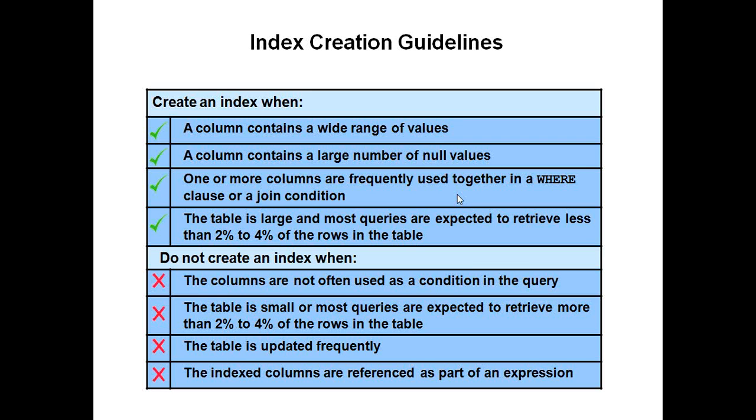If the table is getting updated very frequently, then also you should not create an index. Why? Because the moment the table keeps getting updated, the index also gets updated, and that will lead to performance issues. So it is better to avoid creating an index on frequently updated tables.